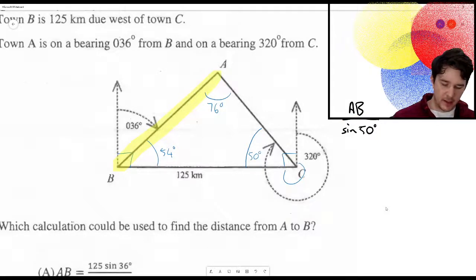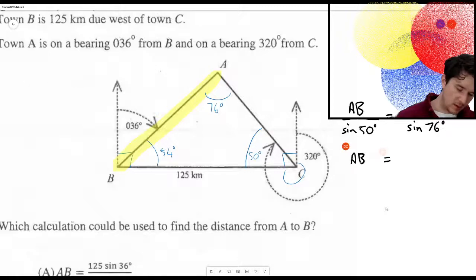And then the other side, because we only know the length of BC is 125 kilometers, we're going to have that equals 125 over, and then the corresponding angle is 76 degrees. And so rearranging this, we get that AB is equal to 125 sine 50 over sine 76.